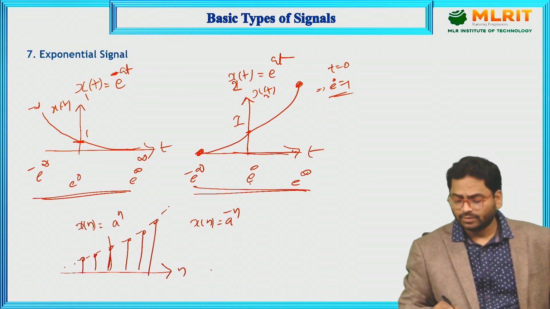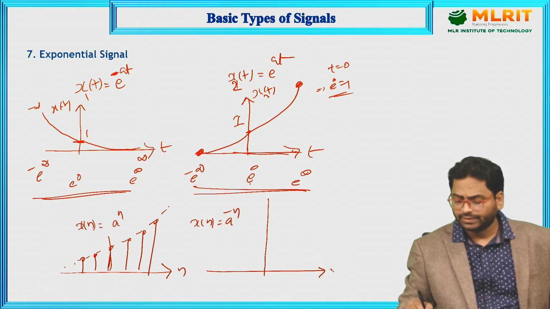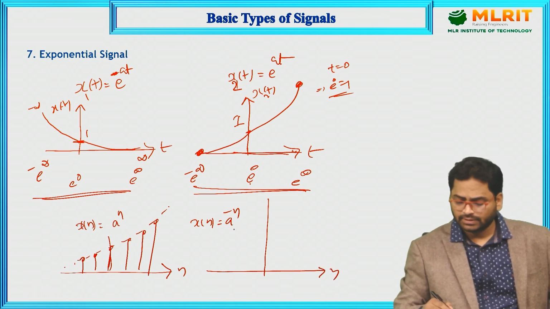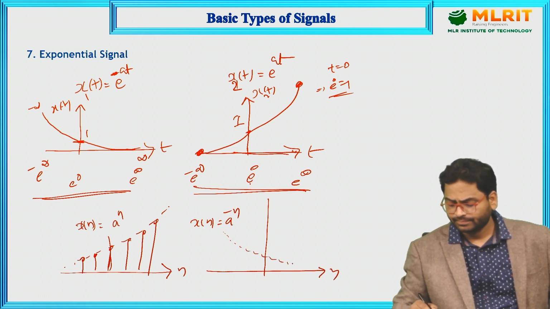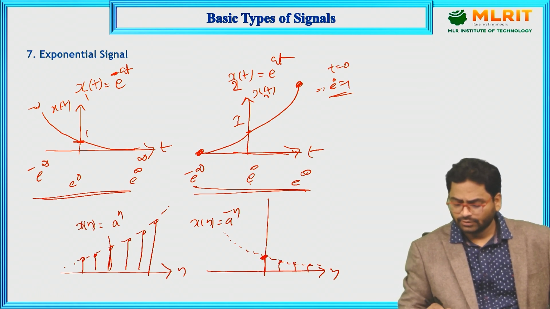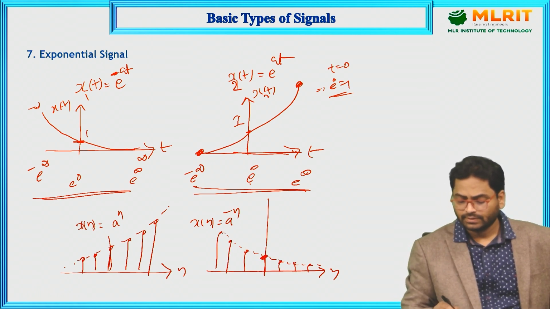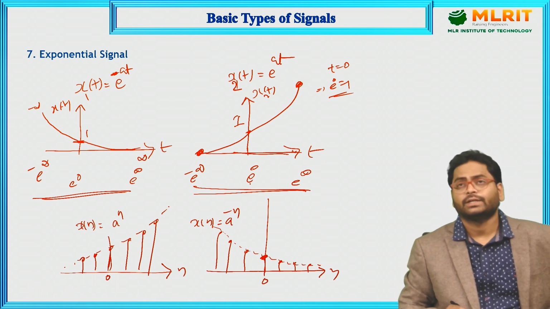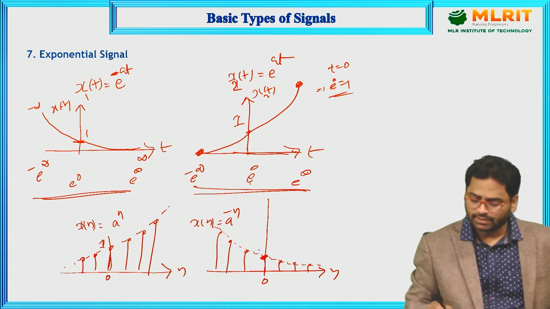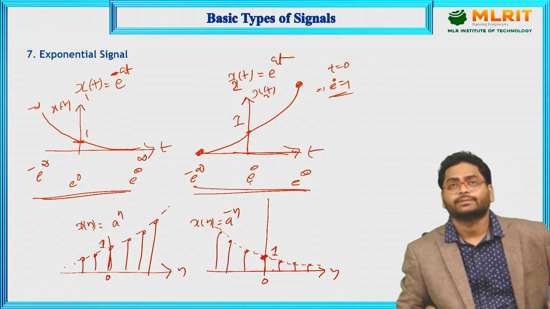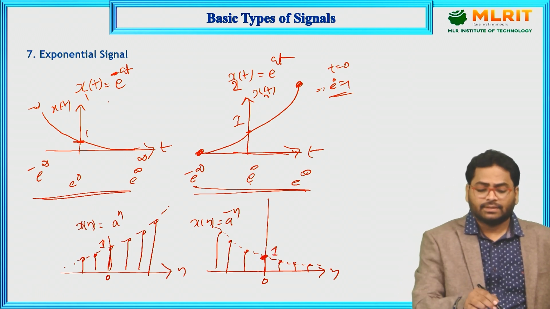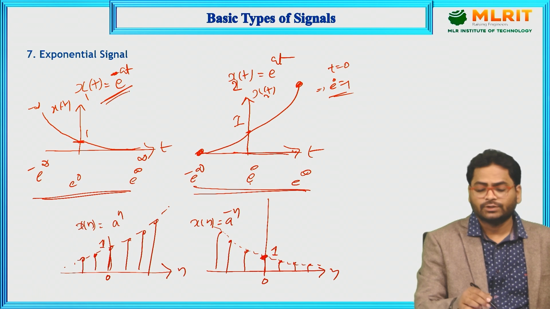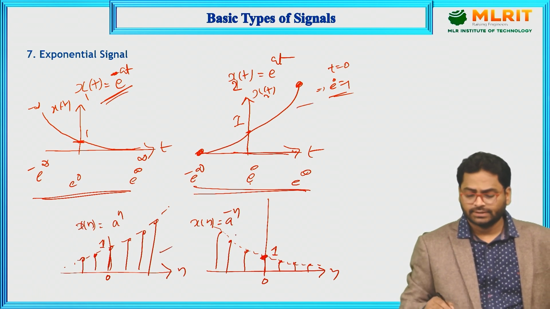A power minus n is an exponentially decreasing curve. The signal looks like this: at 0, the amplitude is 1, and at infinity, the amplitude is 0. So these are the exponential signals in the continuous domain and the exponential signals in the discrete domain.